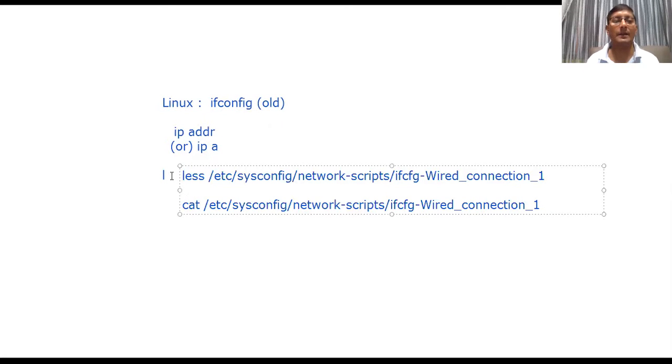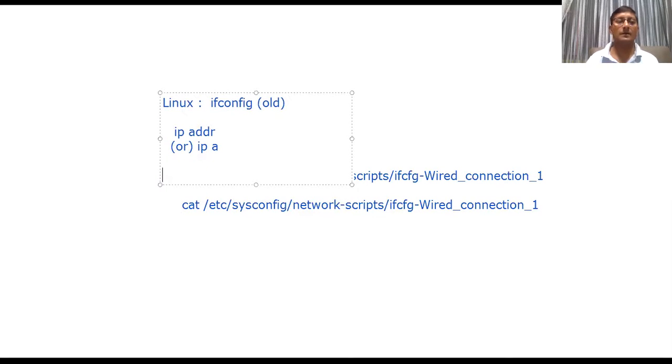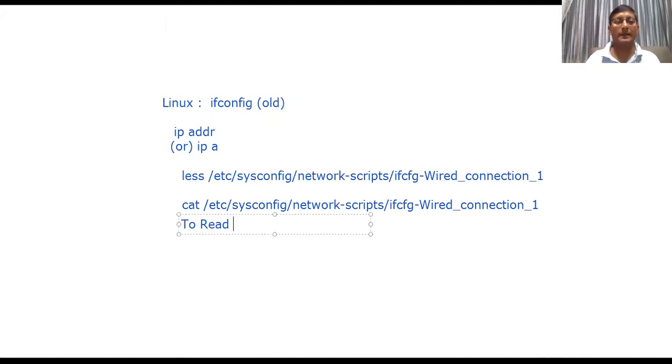This is nothing but reading a file. We are not editing the file. To read a file, either we can use less and the file path, or we can use cat and the file path. Here, we need to look at BOOTPROTO.